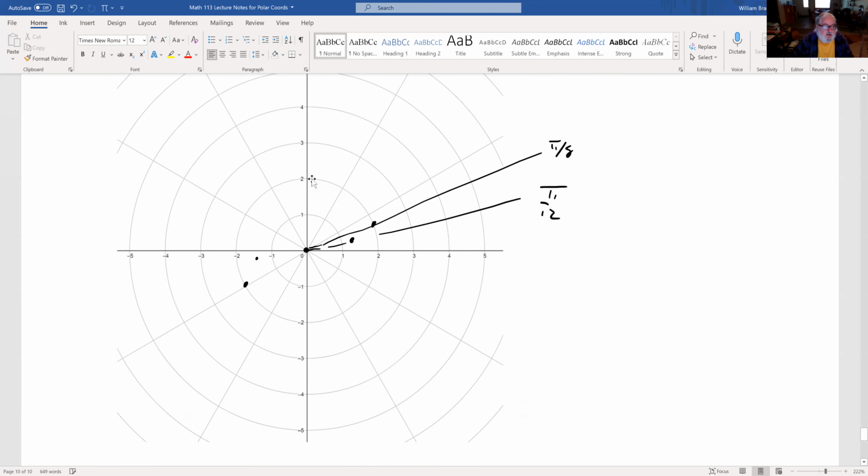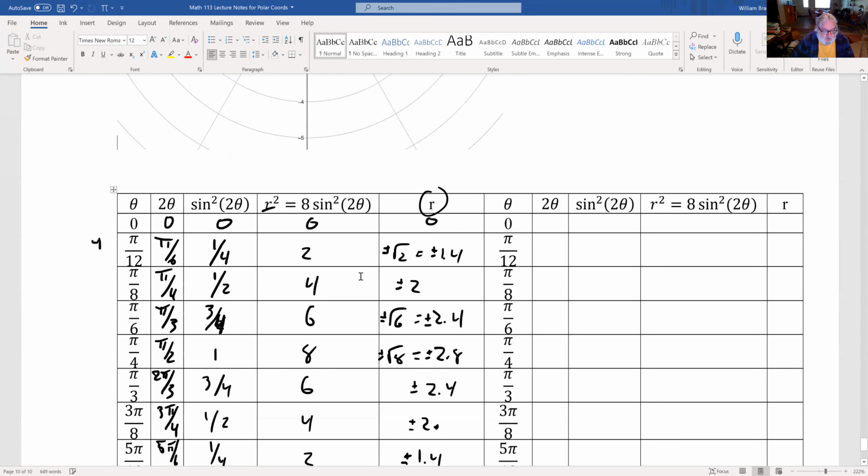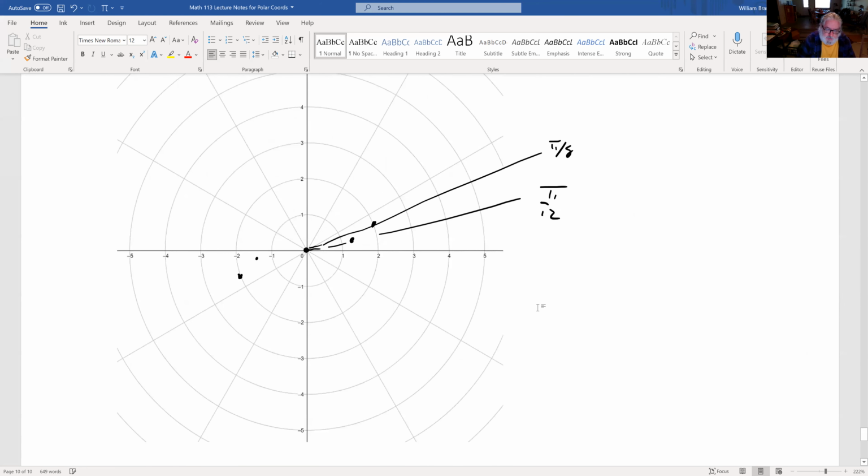No, not actually on that line, but on the negative pi over 8 axis, which is about there. Right, and then we get a 2.4 at pi over 6, and a 2.8 at pi over 4. And a pi over 4, which is about here, you get a 2.8.